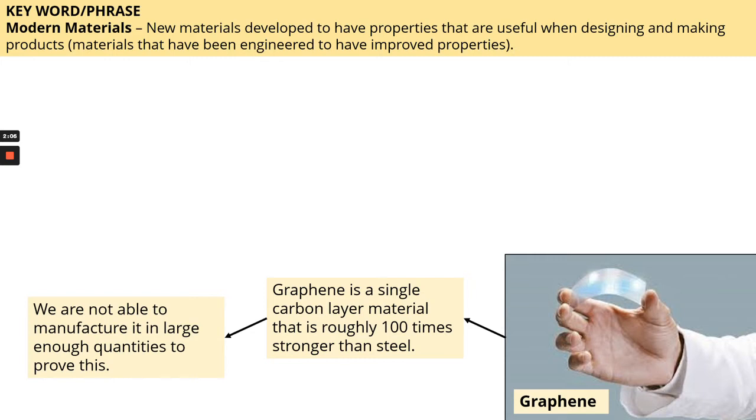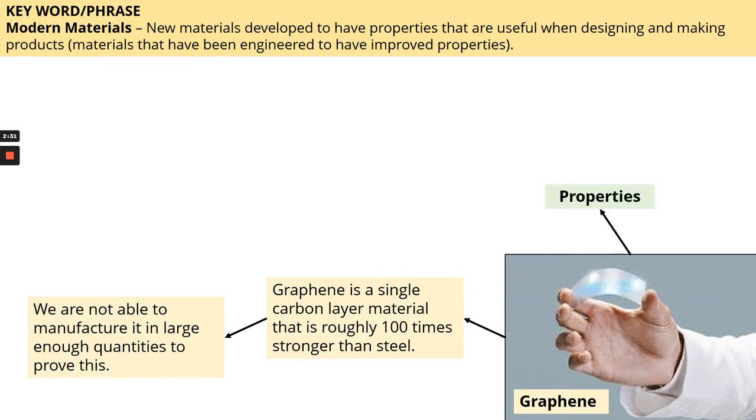So we cannot prove 100% that this is as extremely strong when it's in a larger piece, but if it keeps its strength when it's smaller, then if we can get to a point where we can manufacture it at a huge scale, it will become one of the most useful materials on Earth.